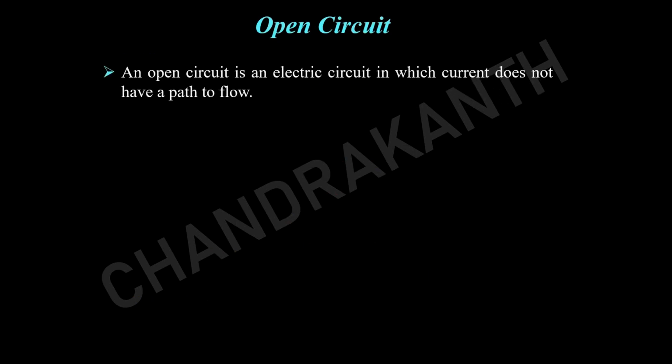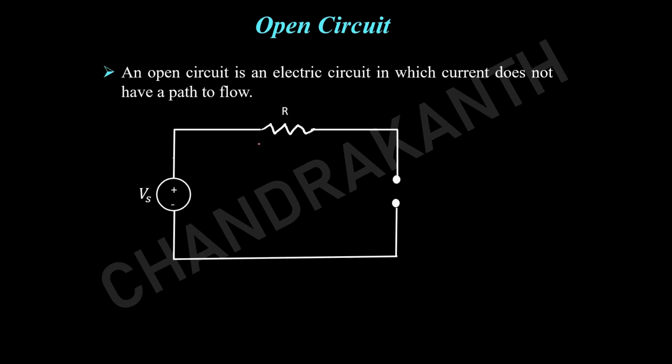Let us see the open circuit. It is an electric circuit, but there will not be any path for the current flow. So this is the circuit representation, where you have an independent source and also the passive element, but it doesn't have a path to flow.